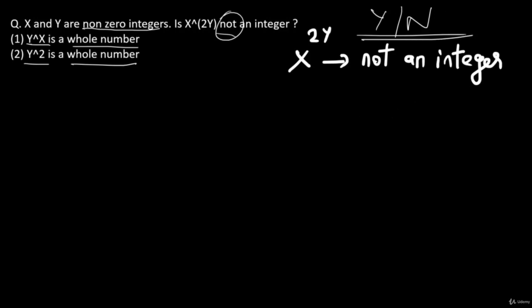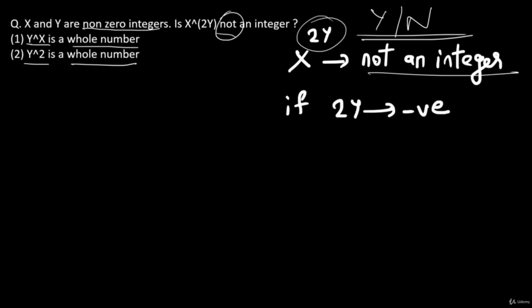Now in which case will x to the power 2y not be an integer? Over here we know that x and y are non-zero integers. So x to the power 2y will not be an integer when the power is negative. That is, if 2y is negative, then x to the power 2y will not be an integer. Why is that so?